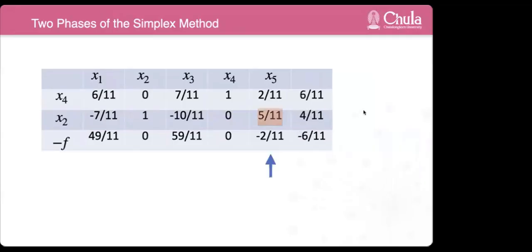Now our table is reduced from this form to this form. From this table, we continue with the simplex method, phase 2.